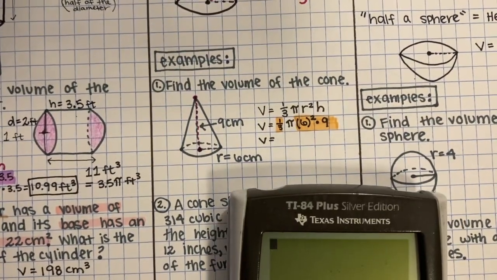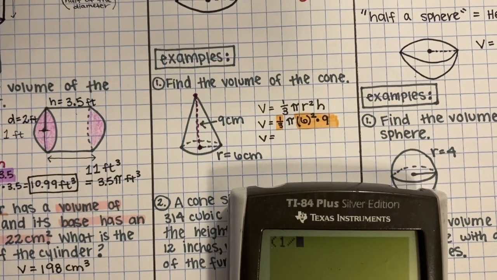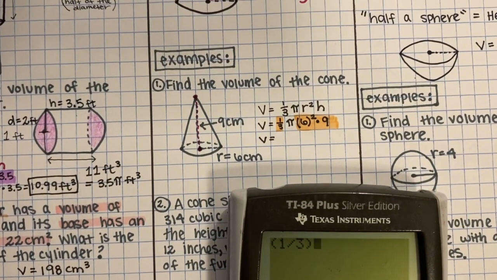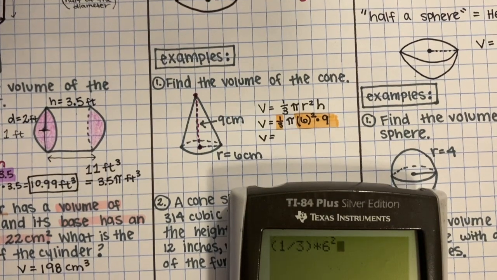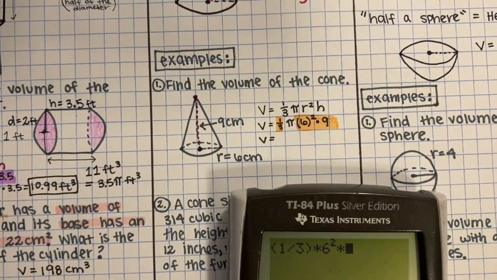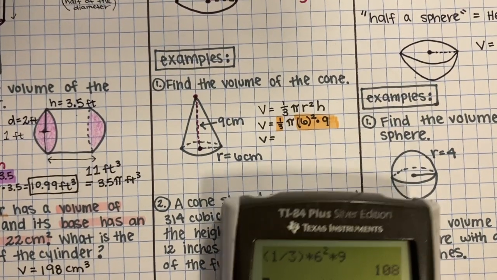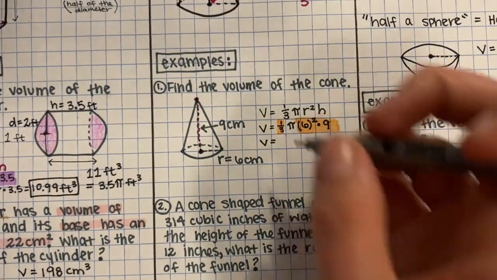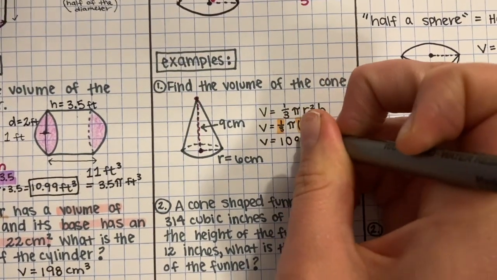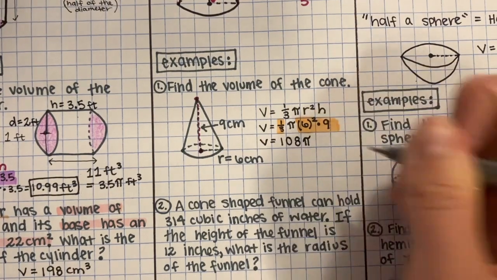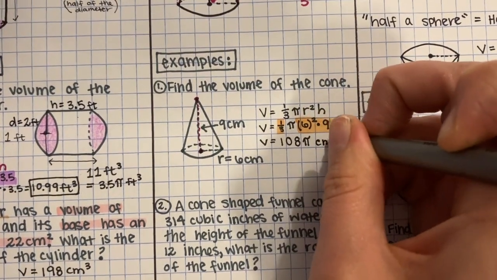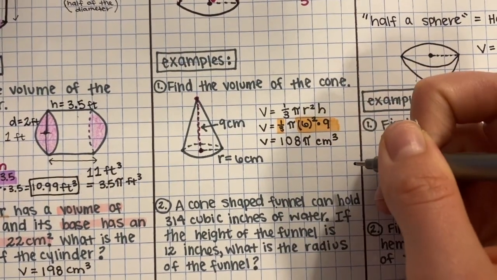So we're going to do 1/3 times 6 squared times 9. And I'm going to get 108 pi. That's if we leave it in terms of pi.